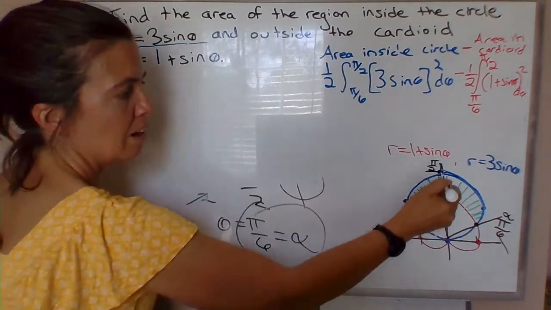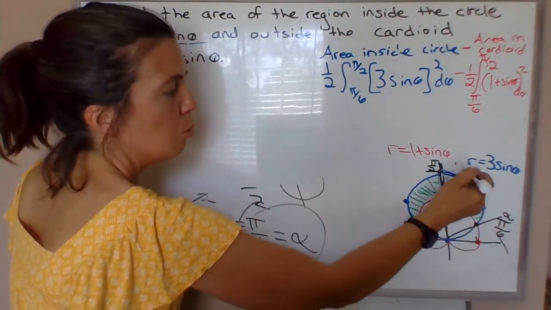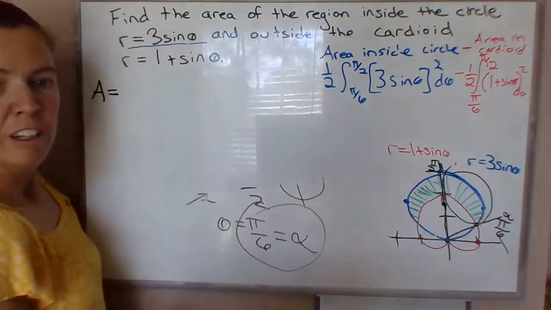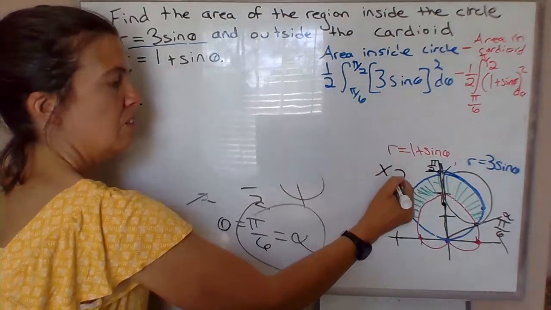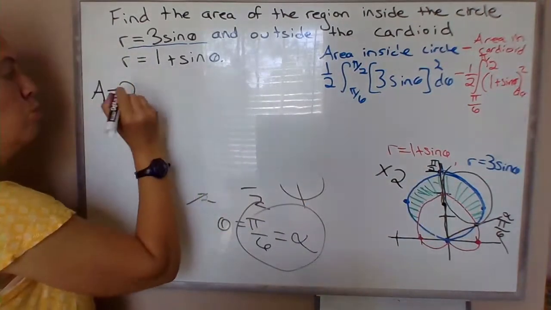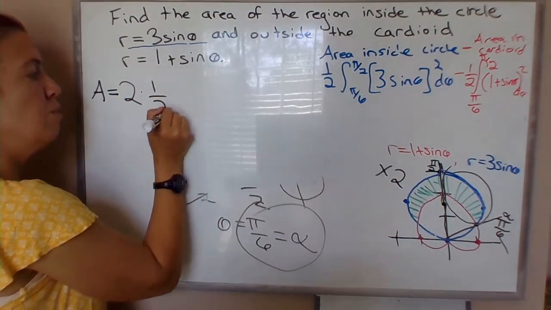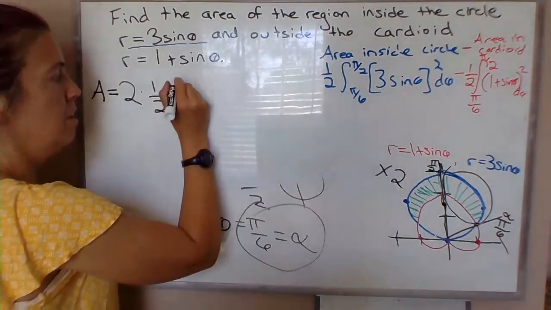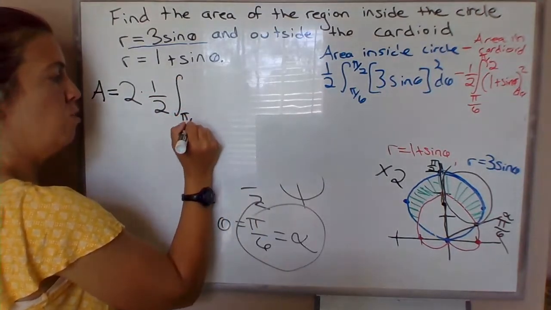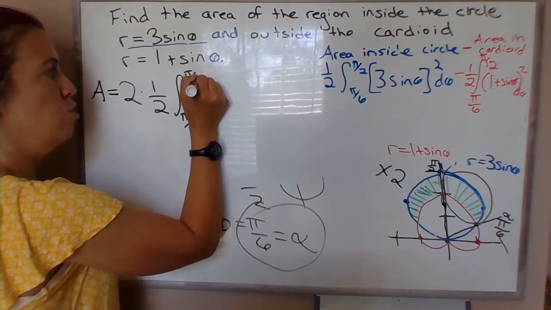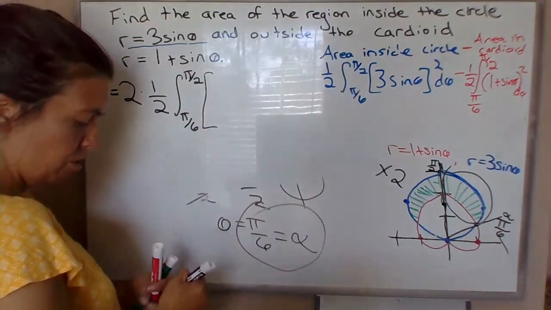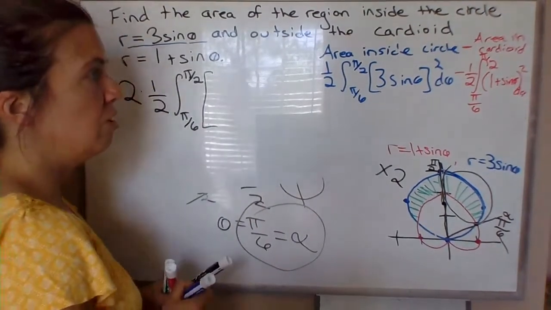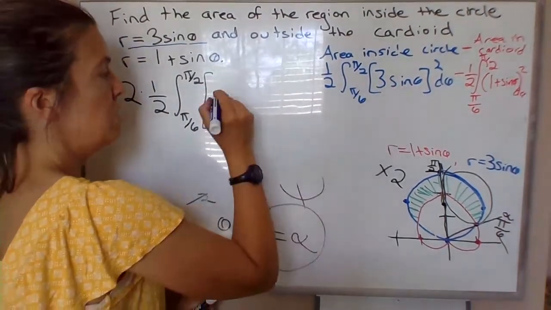Also keep in mind that if we're integrating from pi over 6 to pi over 2, we're just getting half of that total area. So we still need to multiply by 2 to get the total area. So 2 times, we factor out the 1/2, integral from pi over 6 to pi over 2 of the area inside the circle, which is this 3 sine theta squared.